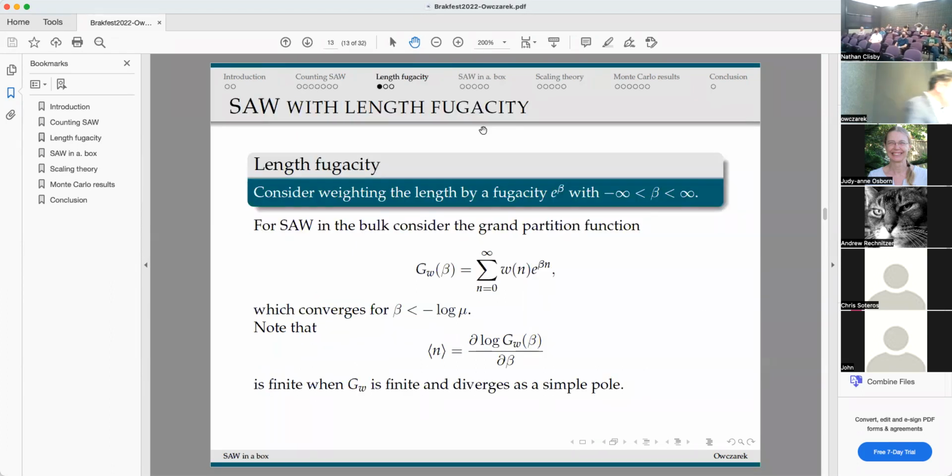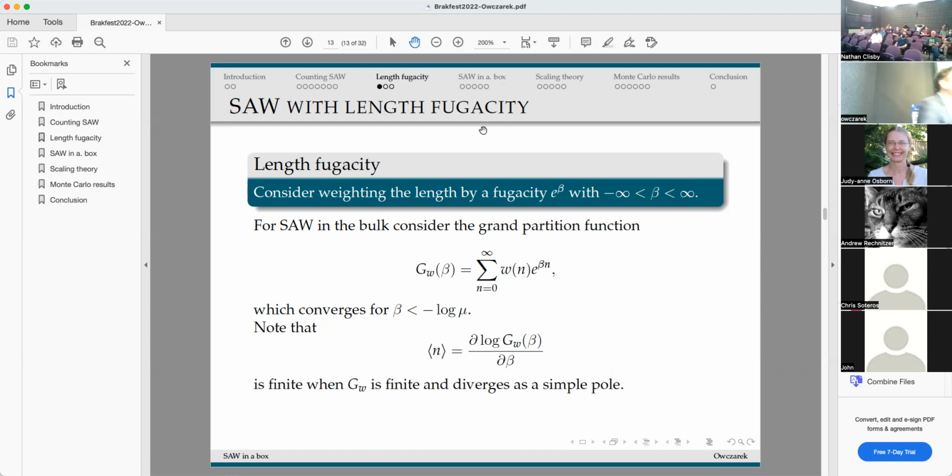You don't really need to worry about whether the walks start and finish at opposite corners. Now, to connect up these two different types of problem, one where you're worrying about walks of fixed length inside a box of any size, and ones which have a box but of any length, let's introduce a length fugacity. That is a counting variable for the length. You can do that for all of the problems, including walks just in the bulk, where there is no bounding box.